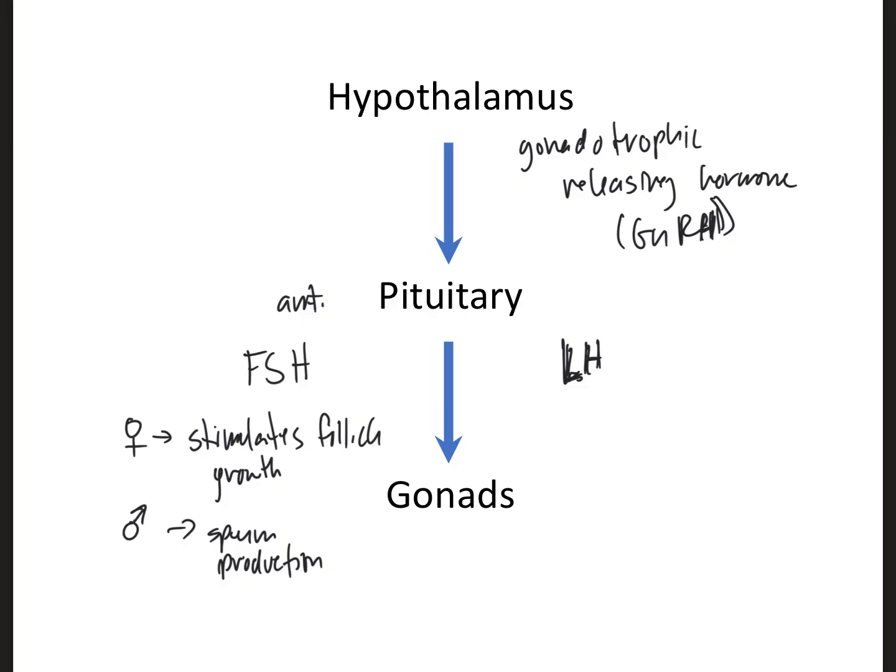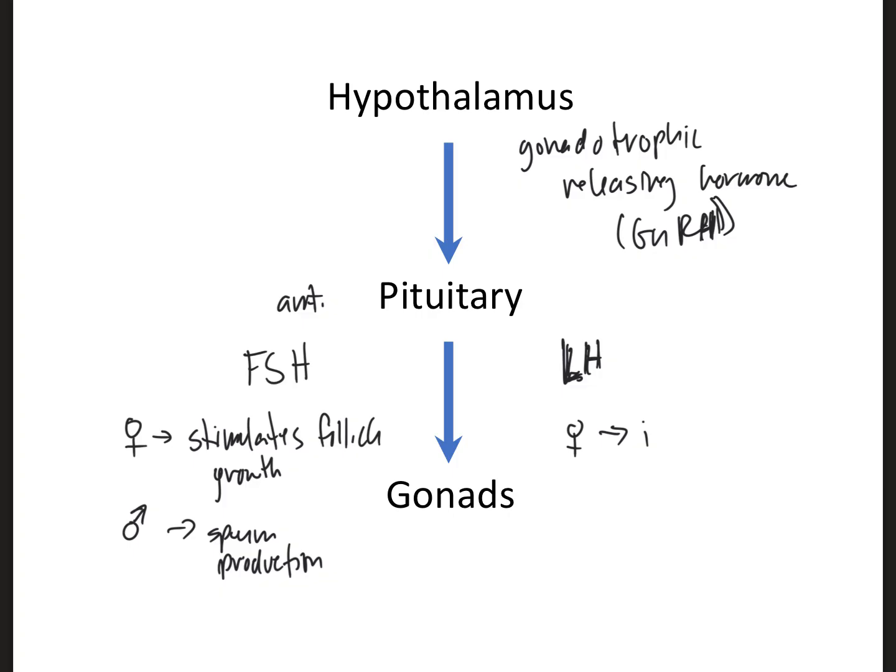Now, luteinizing hormone in females is the signal. The hormone is released at a low, steady level up to a certain point, and at that point, it goes really high, really quick. We call it a surge, right? It goes high really quick, and then about 12 to 24 hours after that release, ovulation occurs.